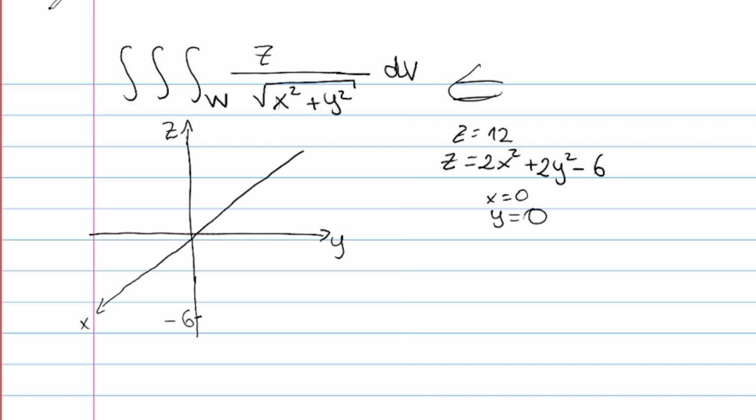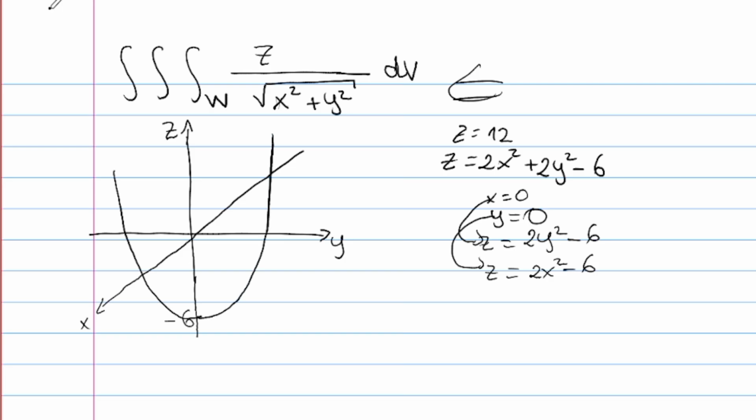What I'm trying to say is, when x is equal to 0, we get this minus 6, or when y is equal to 0, we get this. So basically, you already know it will be like this. Let me try this, and around here, this one.